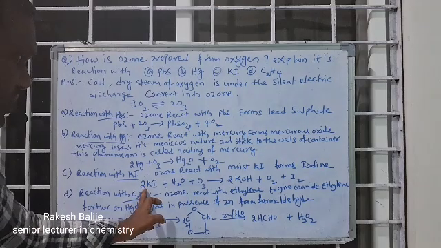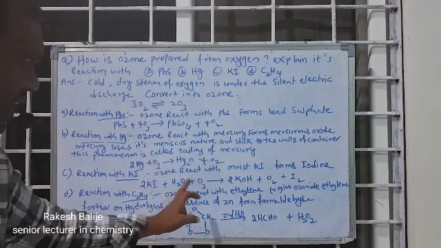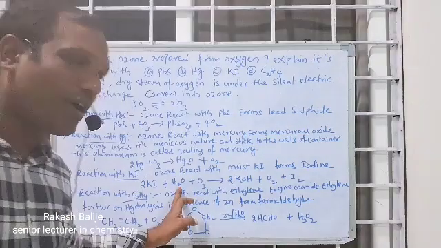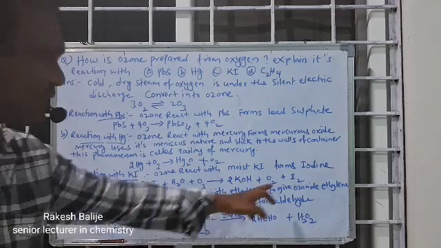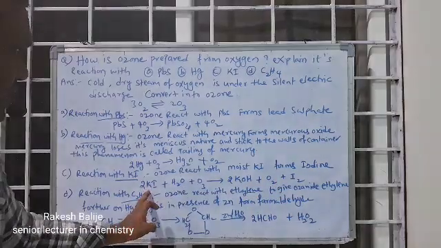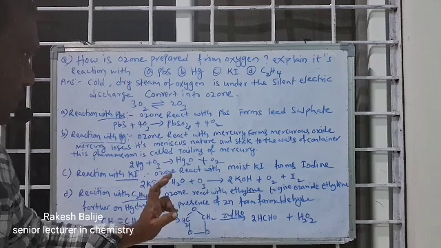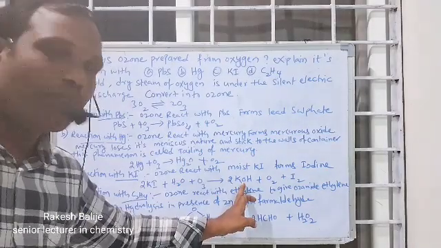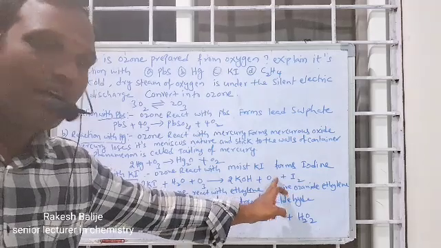Reaction is very simple. 2 moles of potassium iodide react with ozone and water. The number of iodines is 2, that's why iodine is liberated. The number of potassiums is 2, oxygens are 4; of the 4, 2 are utilized and the remaining 2 are liberated.